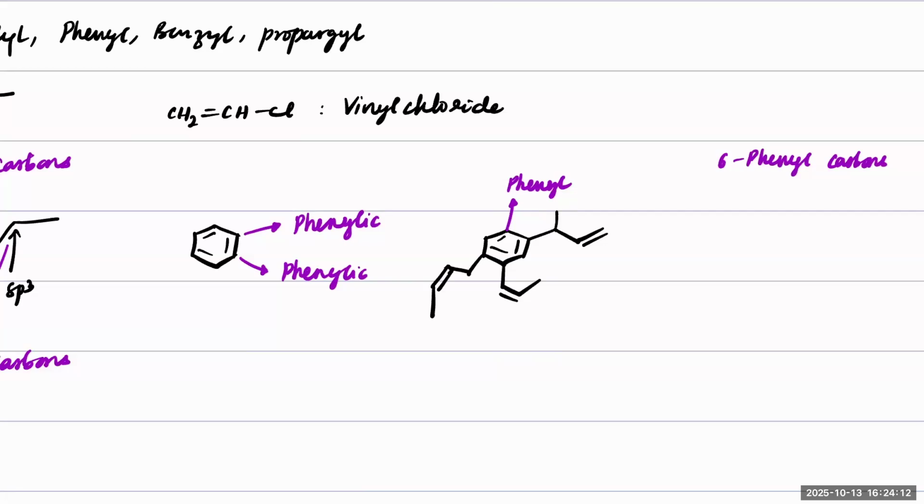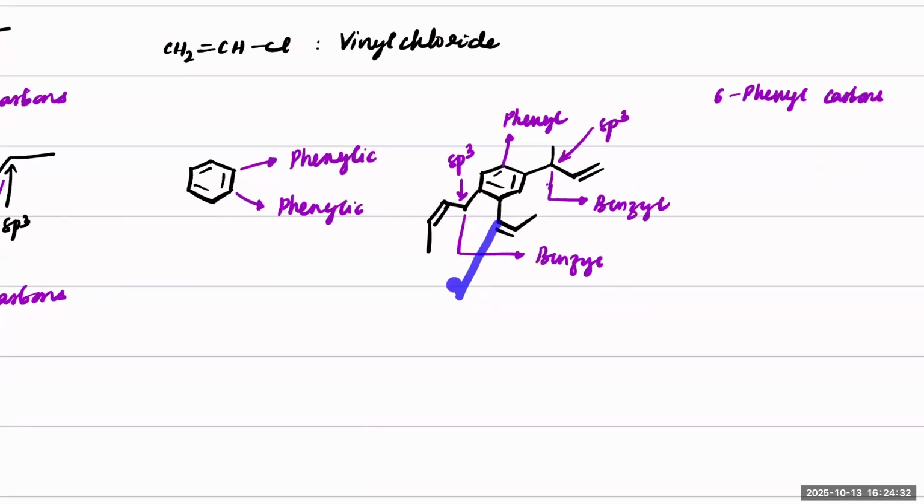Next, the sp3 carbon which is immediately connected to phenyl is called benzyl. So you can see this is benzyl. Is there anything similar to benzyl? Is there one more benzyl? Yes, this is also benzyl. It is an sp3 carbon, so that is benzyl. But this is not benzyl. Why? It is an sp2 carbon. If it is an sp2 carbon, automatically it will qualify as vinylic.